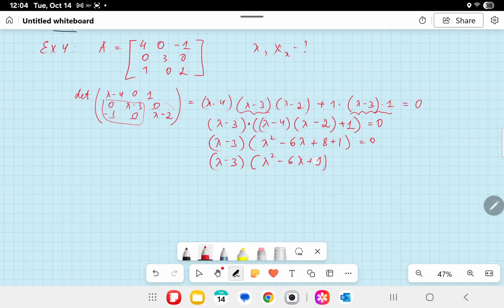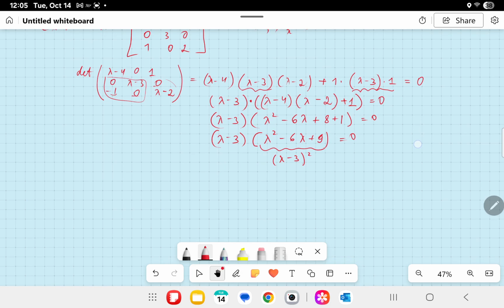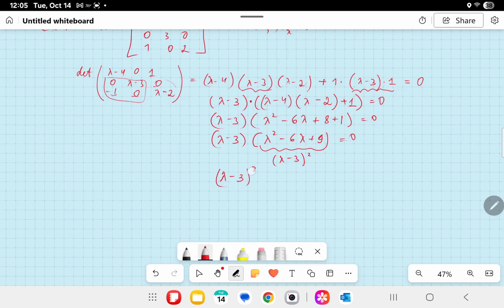You probably recognize a perfect square over here, which is lambda minus 3 squared. Just open the perfect square and you're going to see that the coefficients are the same. So, very nice. I actually have lambda minus 3 cubed equals 0.